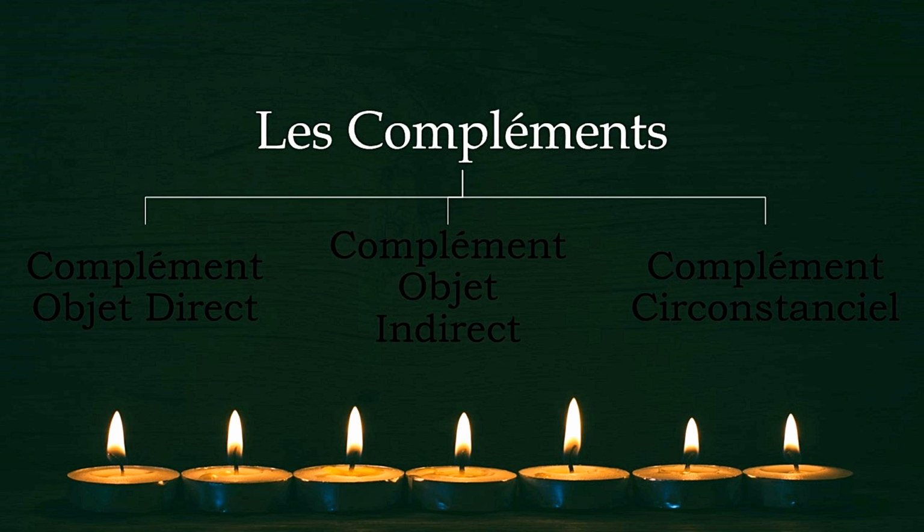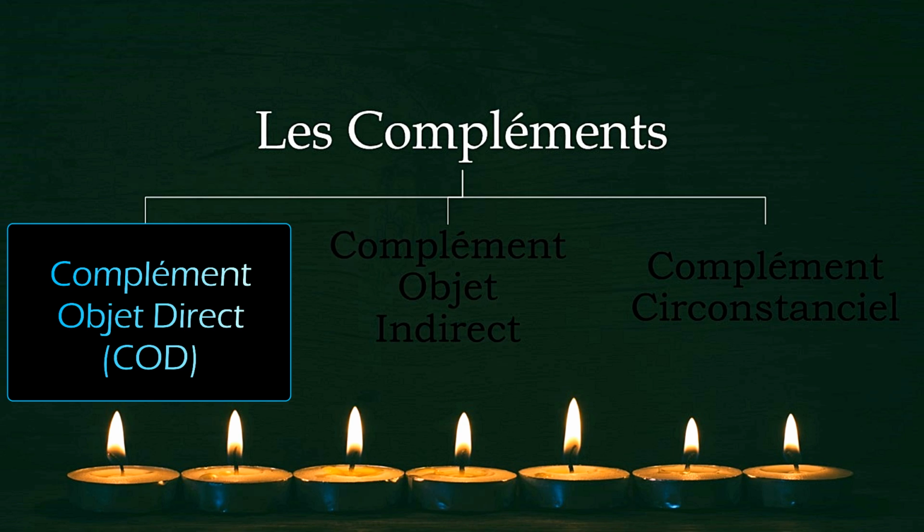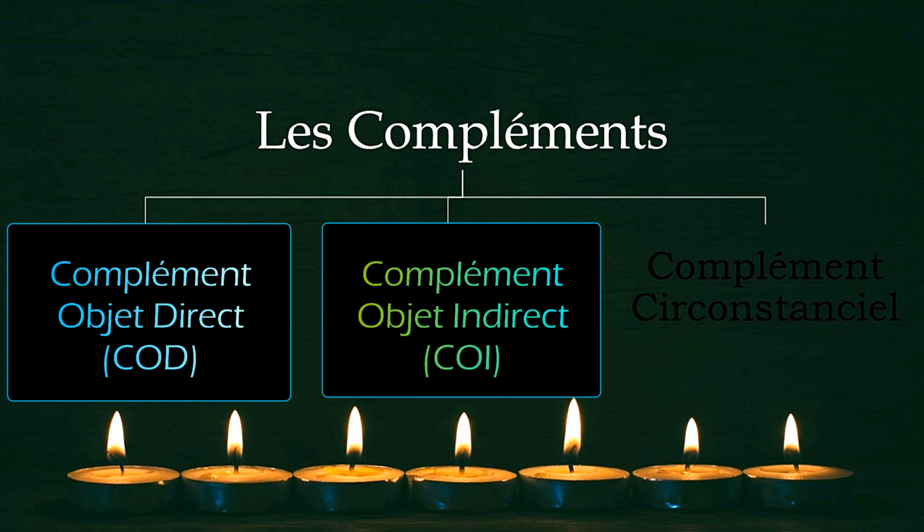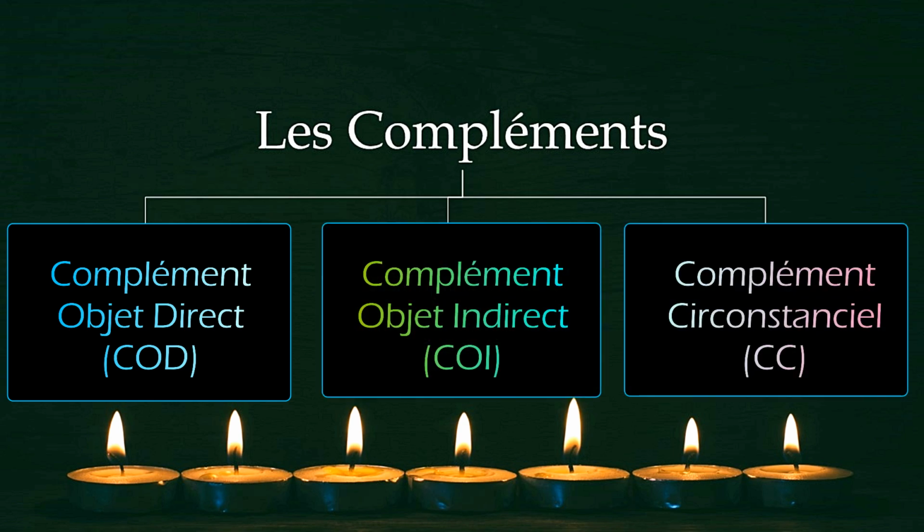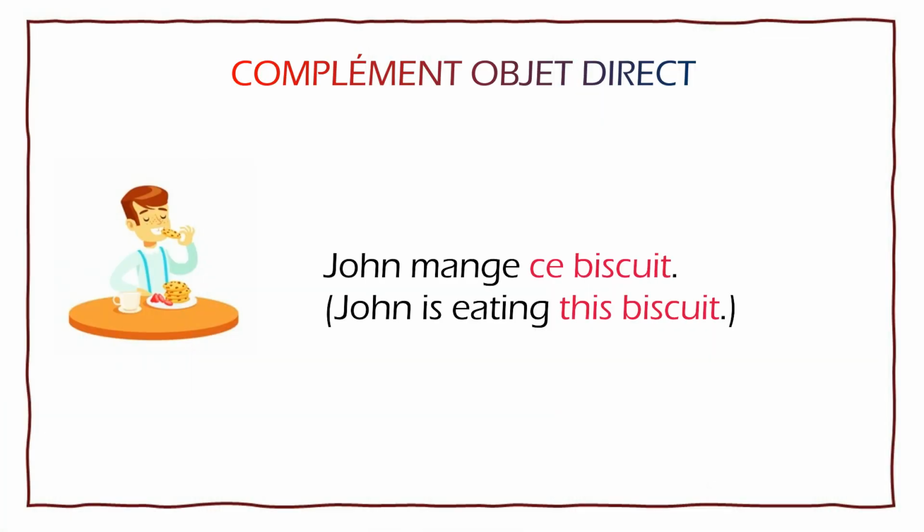There are many kinds of compléments in French grammar, but we will only discuss three types of compléments which are relevant here. Complément d'objet direct, complément d'objet indirect, and complément circonstanciel. These are the only three types of complément which we will need to know here. John mange ce biscuit. In this sentence, ce biscuit is the object.